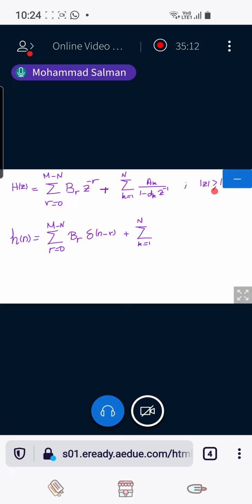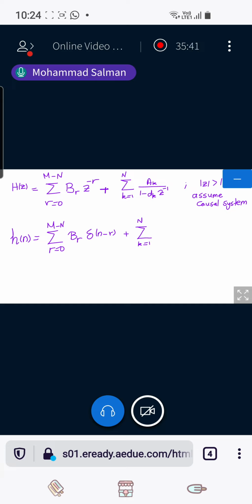If it is less, it is pair number 6, right? So I'll assume it is greater. Why? I am assuming a causal system. Causality is very important, and it is a good property to have in a system.